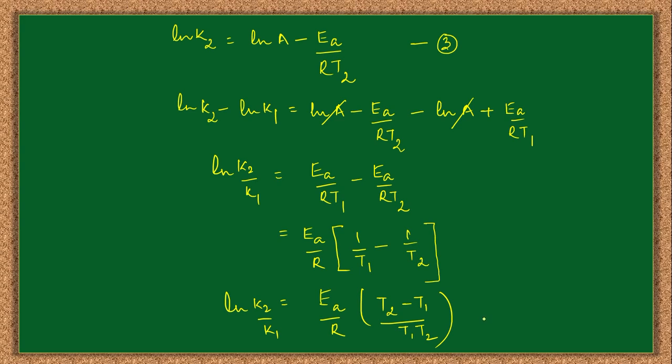Now we have to take log base 10. To convert natural log to log base 10, we have to divide this by 2.303. So we have log K2 by K1 is equal to EA by 2.303R into T2 minus T1 divided by T1 T2.